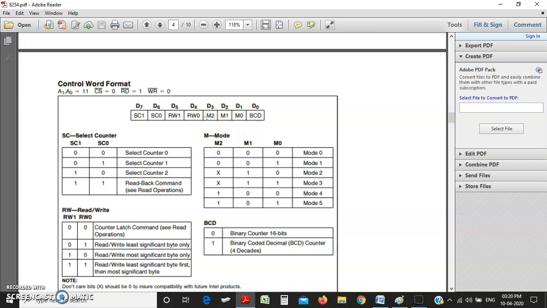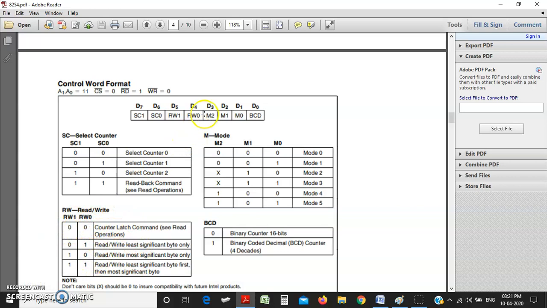Here next, RW0 and RW1, D4 and D5. These pins will select the read-write operation, which has some special read-write operations.